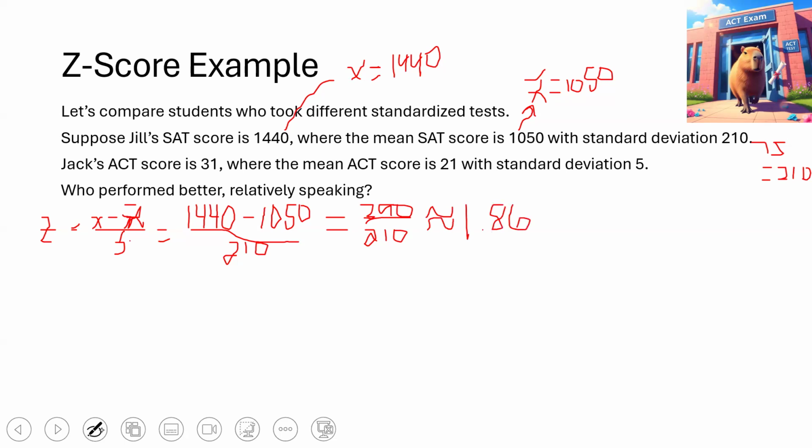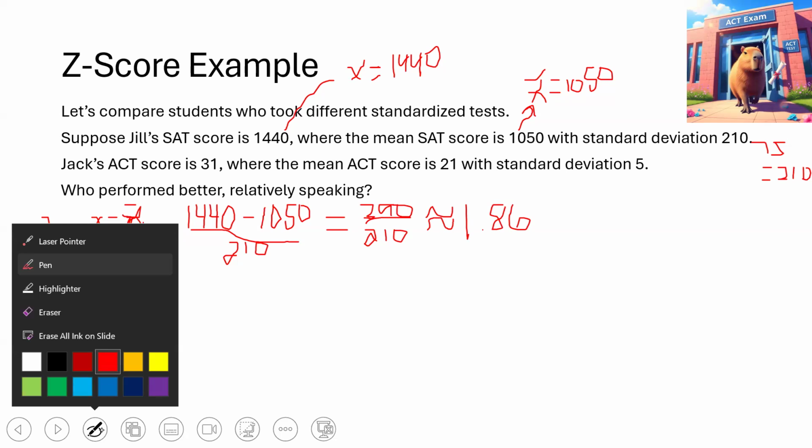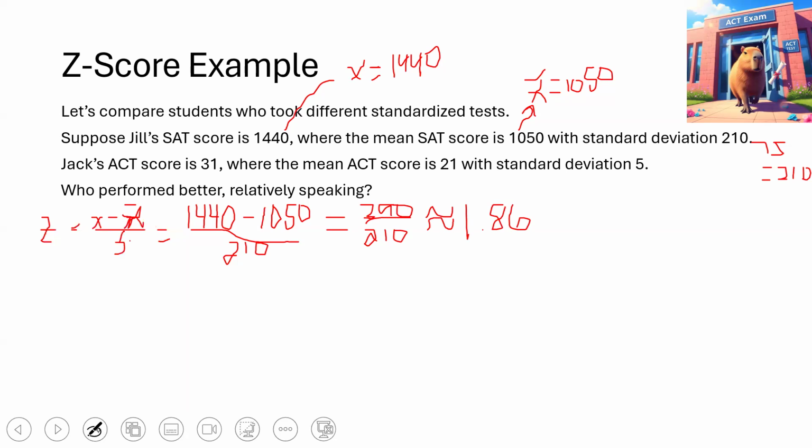All right, let's change color for Jack's score. So now Jack has an x value of 31, an x bar of 21, and an s of 5.